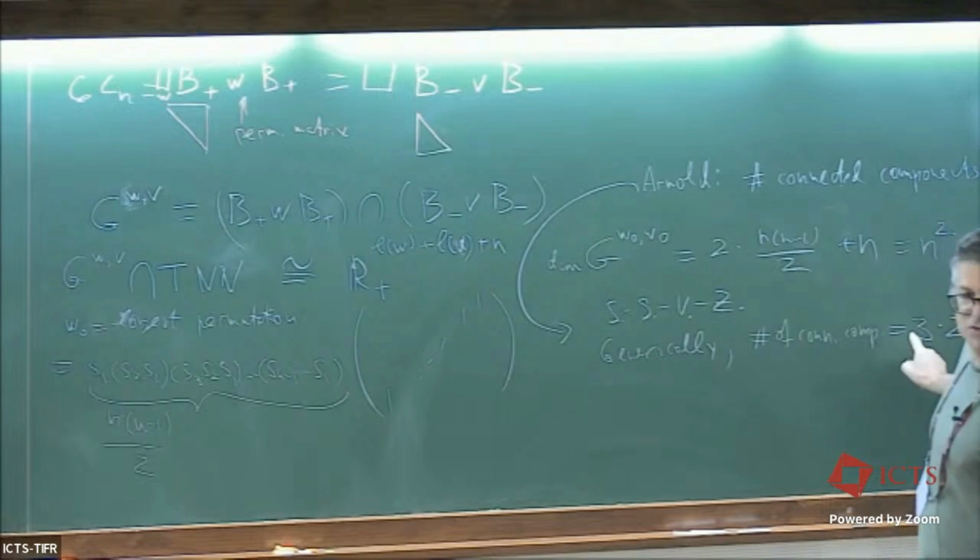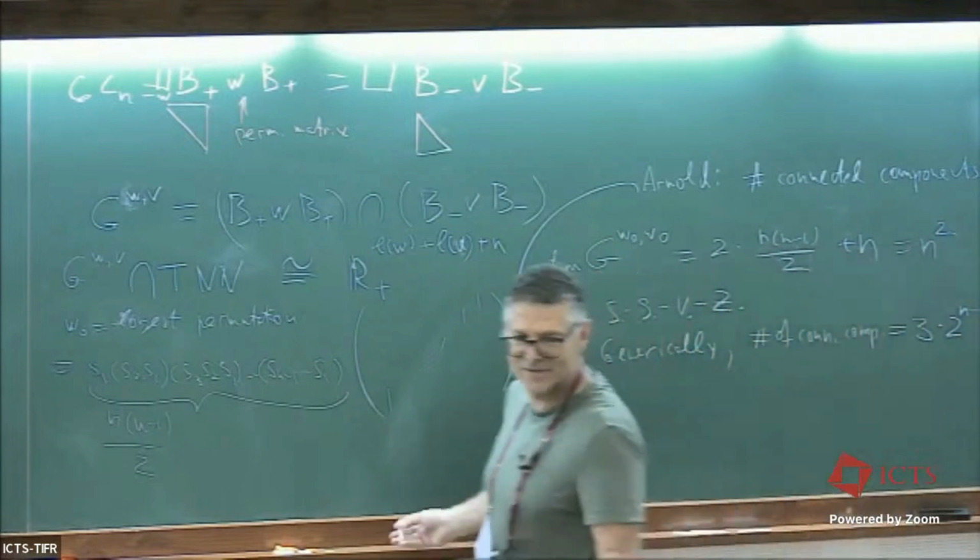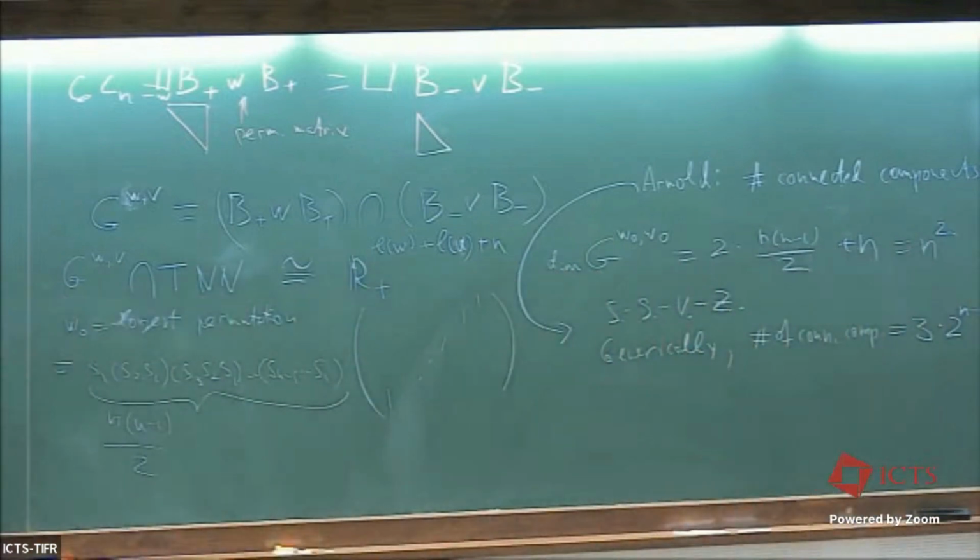And this 3 here shows that this is not a trivial question, because if the number of connected components is not a power of 2, then something more complicated is going on there. Generically means that n is large enough, and W and V are sufficiently complicated.